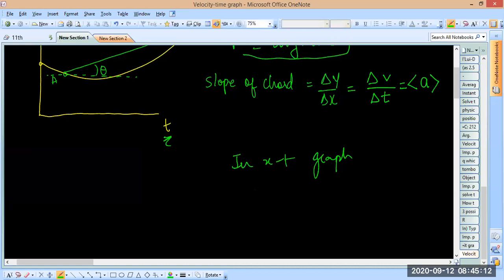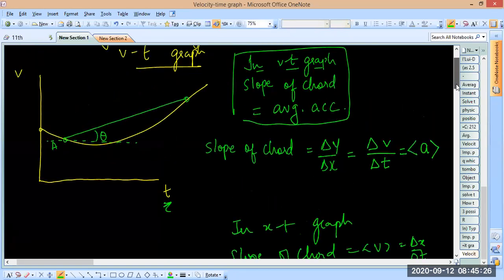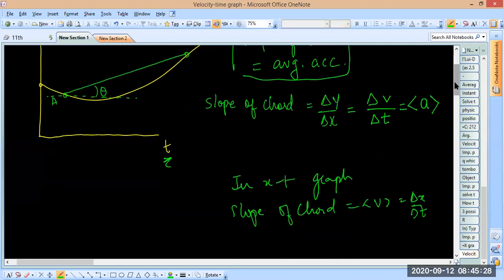The slope of a chord gives what? Average velocity, delta x by delta t. Here similarly it's delta v by delta t. That's called average acceleration. This is average velocity, here it's average acceleration. Easy, isn't it?